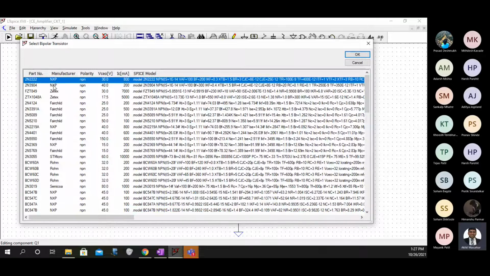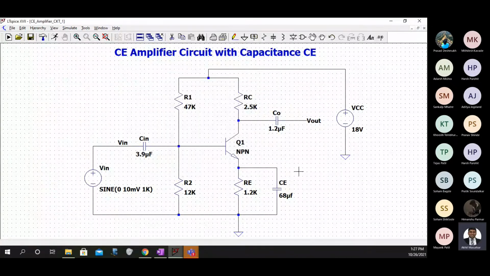So you can see 2N2222 has got a beta factor of 200, which is close to 220. So we can take that value, or you can take any transistor who has got beta factor in that range. Okay, so beta factor becomes 200. Or alternatively, we have the .model command at our discretion, so we can use that also.